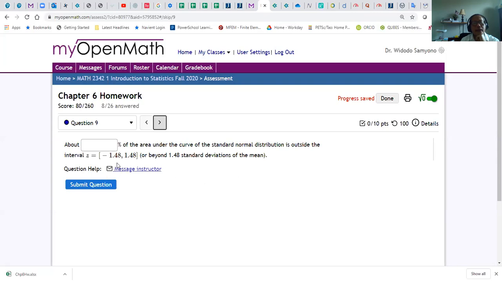You see, the area is symmetric, right? So are you looking for? Okay, I will show you the graph here. Okay, what does this look like? Let me share the whiteboard.